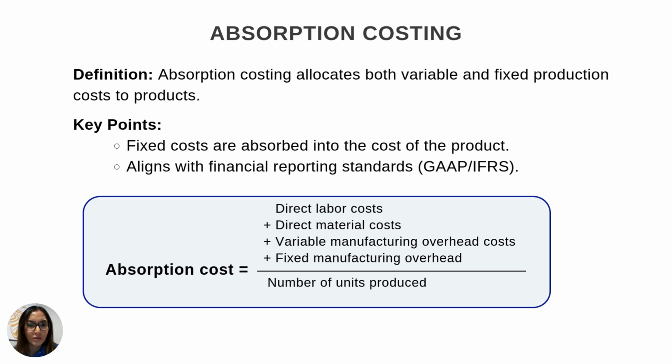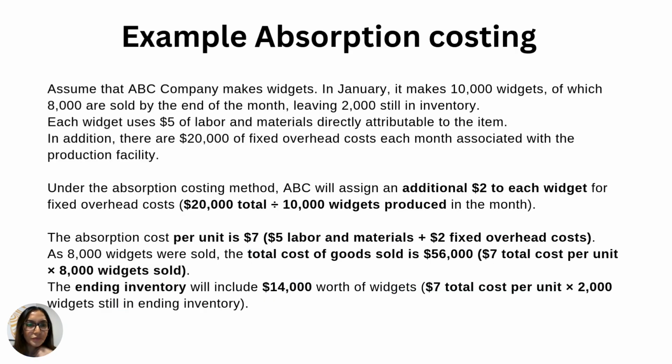So it includes direct labor cost, direct material cost, variable manufacturing overhead costs, fixed manufacturing overhead. And when you sum up all of them and divide by the number of units produced, you will get absorption cost per unit.